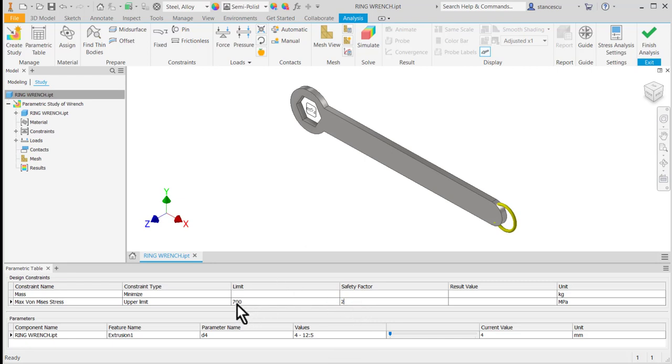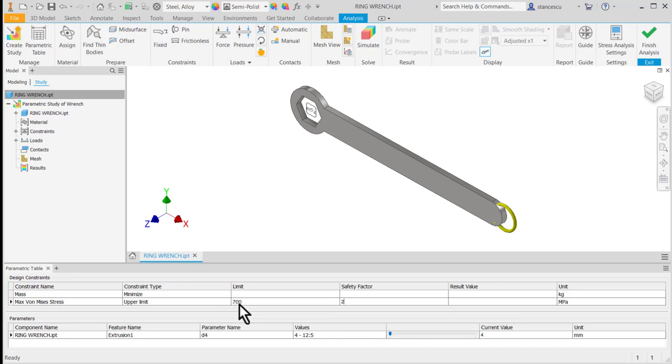You see, this 700 is in megapascals, and we used to consider kilogram force per square millimeter, and the kilogram force per square millimeter here is 70.